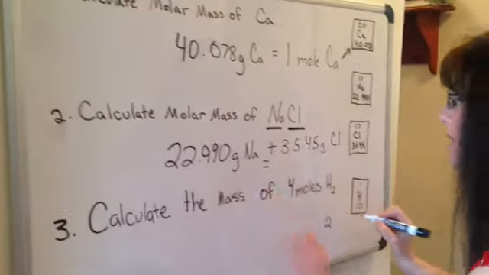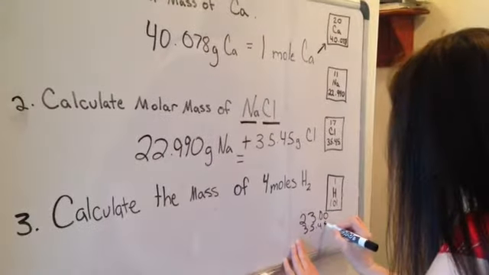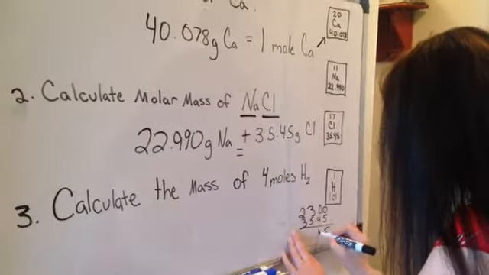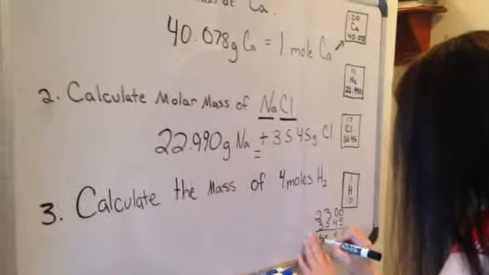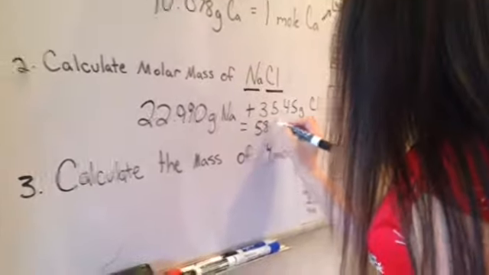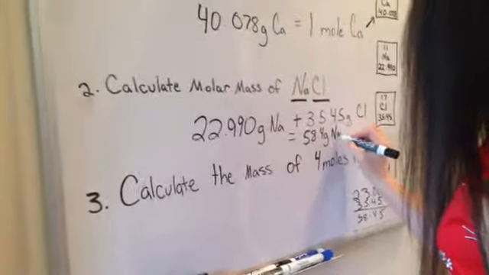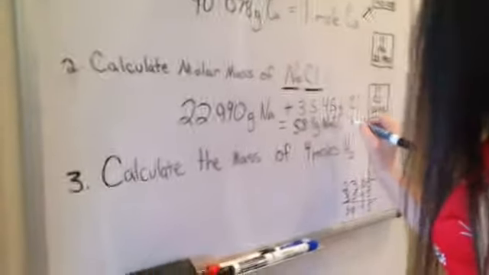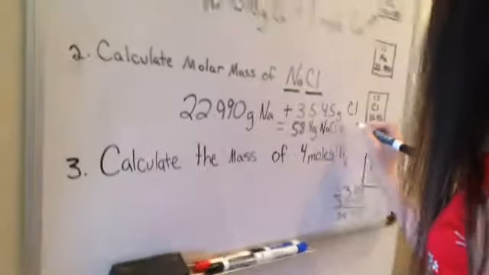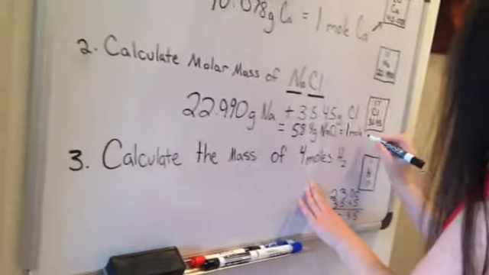I'm going to round this to 23 actually. And I'm going to add my 35.45. And I get 58.45 grams of sodium chloride. That would equal 1 mole of sodium chloride.